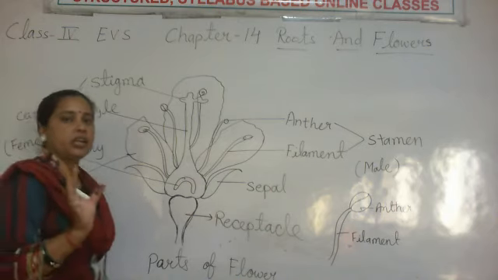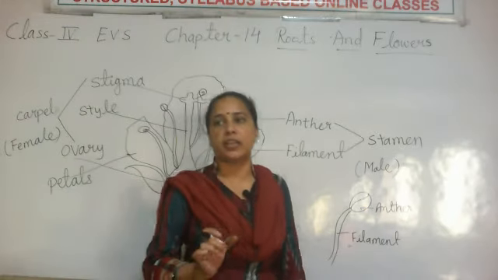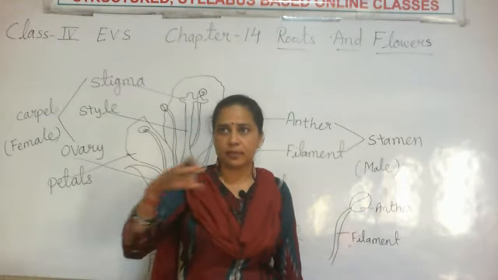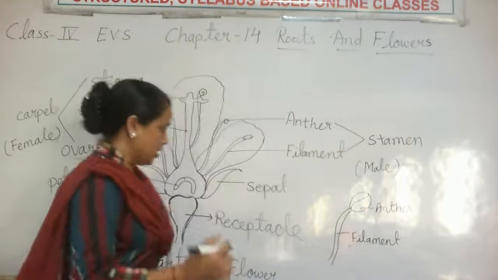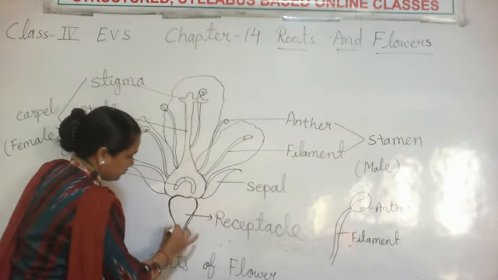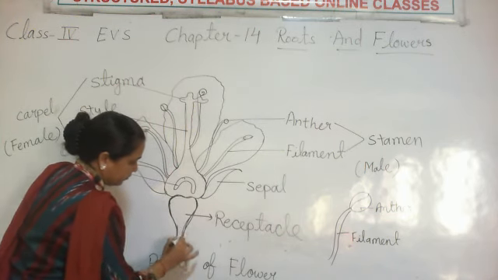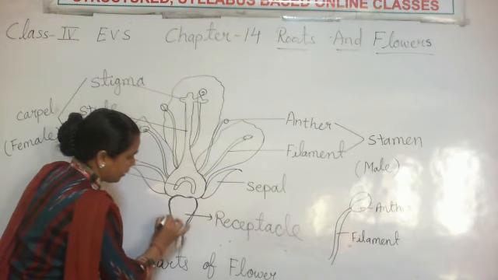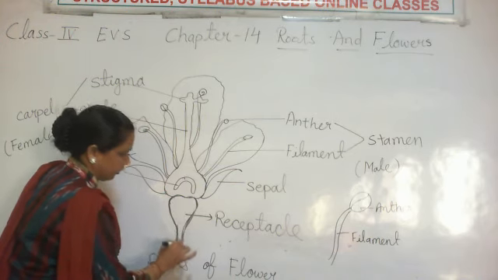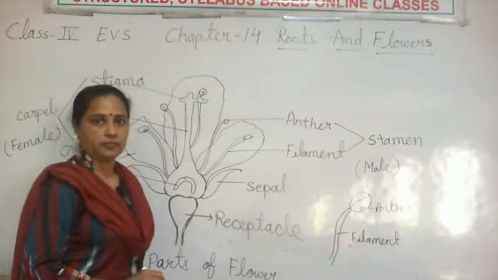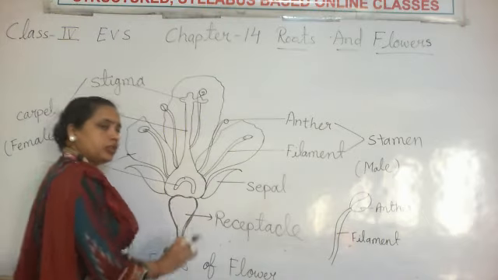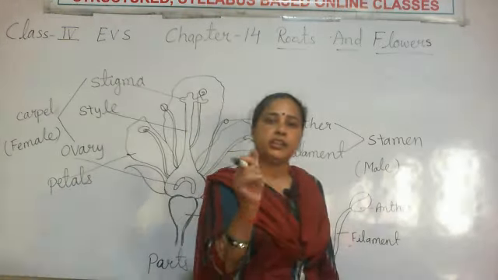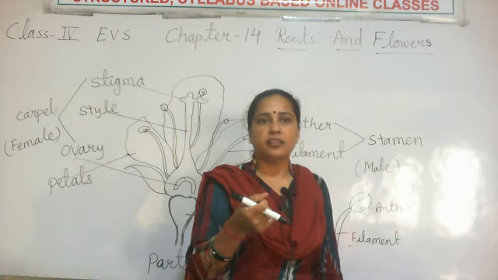If you build a building, अगर हम कोई घर बनाते हैं तो पहले क्या बनाते हैं? बेस बनता है ना? Same way, this is the receptacle. मीन्स सारी चीजों को ये अपने अंदर रखता है, अपने साथ रखता है. क्लियर? और हम इसको शुद्ध हिंदी में बोले तो क्या बोलते हैं कि फूल की डंडी है ये, है ना?